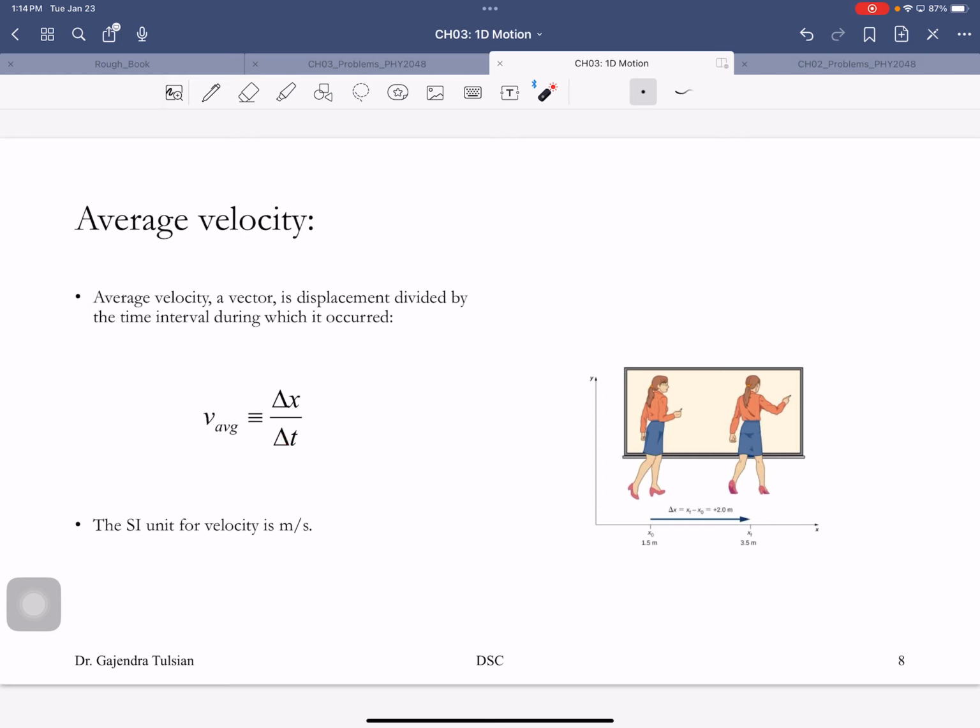Is time a scalar or a vector? Scalar. If A is a vector and you multiply it by 1/3, you get a vector. So you multiply or divide a vector by a scalar, you get a vector. So the average velocity is displacement divided by time.